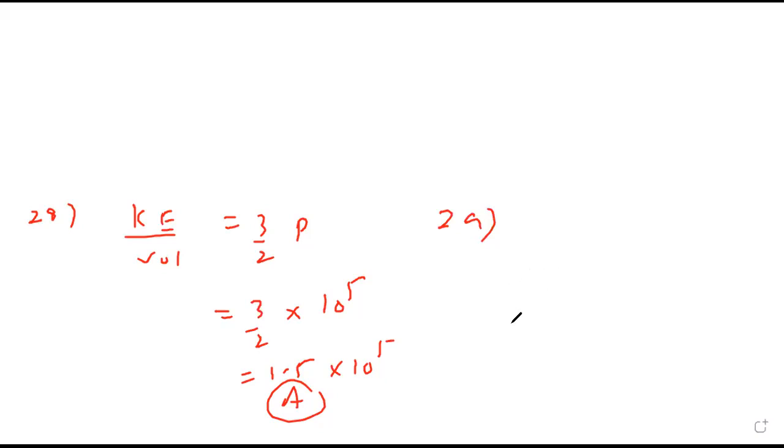Last, 29. The temperature of a gas is a measure of the average kinetic energy of the molecules of the gas. Option A. Temperature is the average kinetic energy of a gas because it is directly proportional.